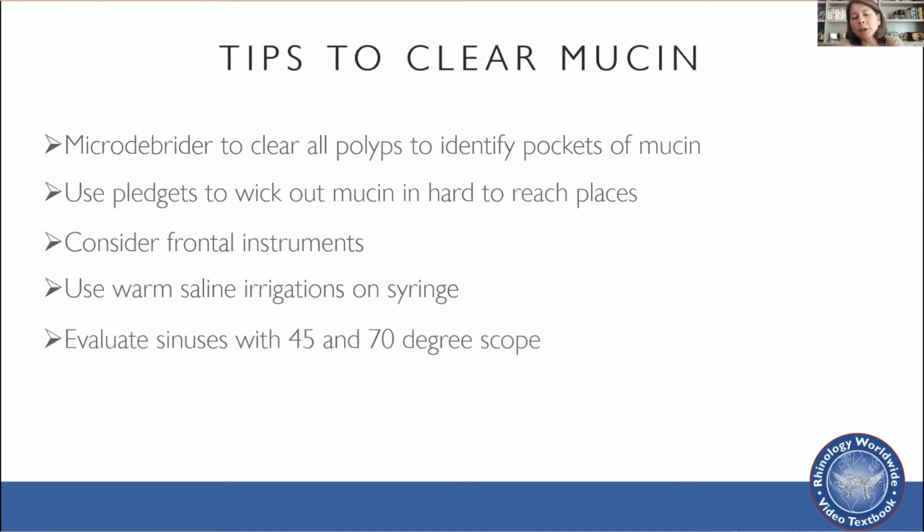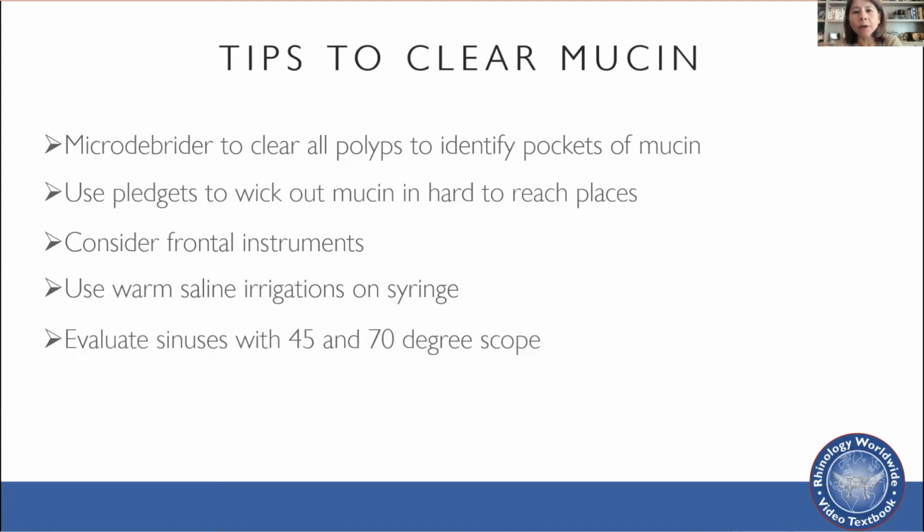So over the years, I've learned that this mucin can be very challenging to work with, but some of the things that have worked are utilizing a microdebrider to clear all the polyps, right? In other CRS with nasal polyps, for example in the maxillary sinus, it may not be important to get all the polyps out, because as long as the sinus is widely open, you're going to be applying either topical or oral steroids to these patients.